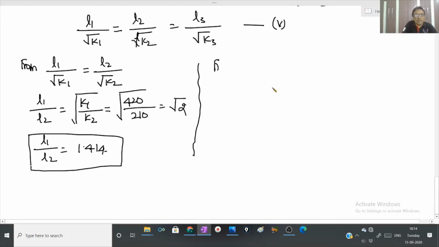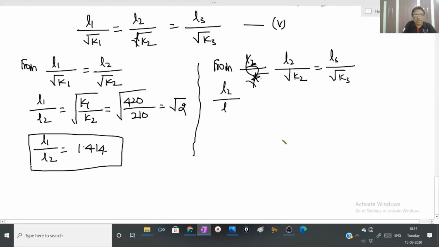Similarly, from L2 over square root of K2 is equal to L3 over square root of K3, the ratio of length L2 over L3 will be equal to square root of K2 over K3.